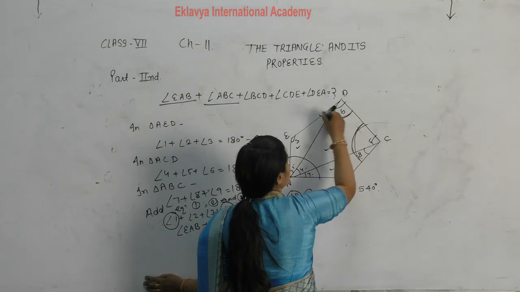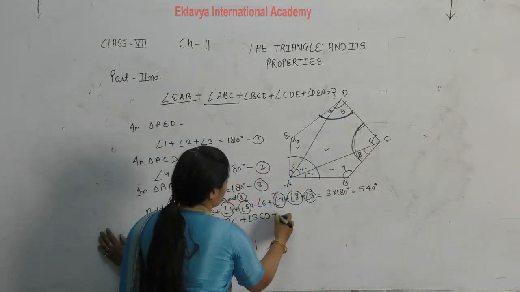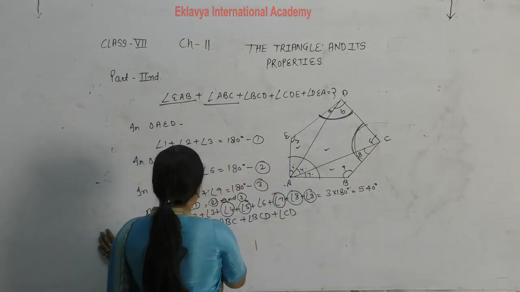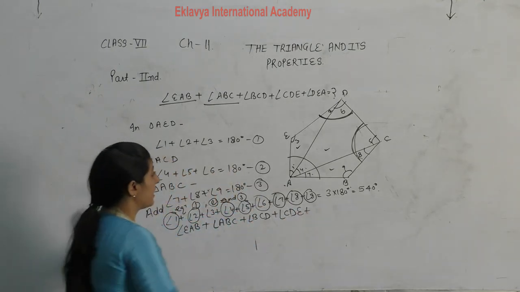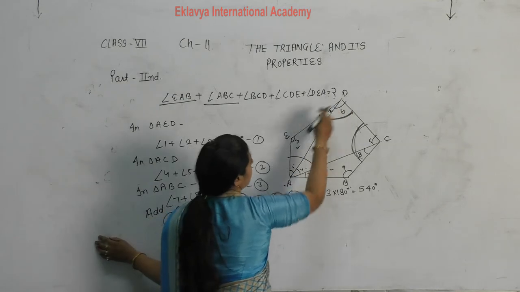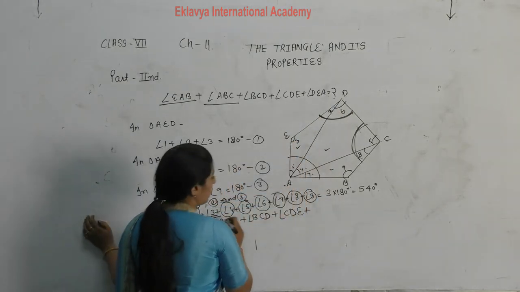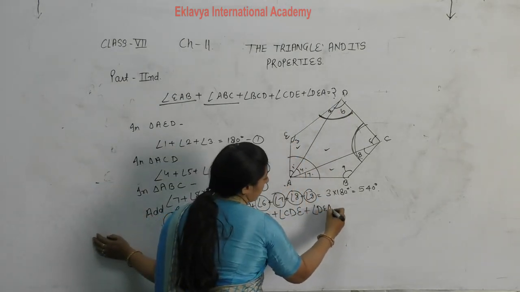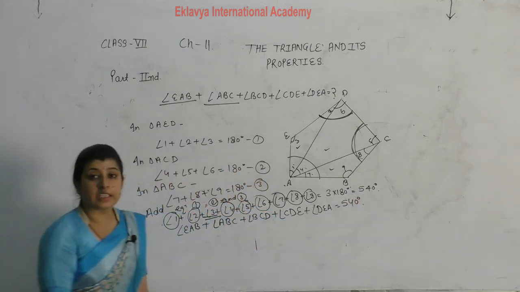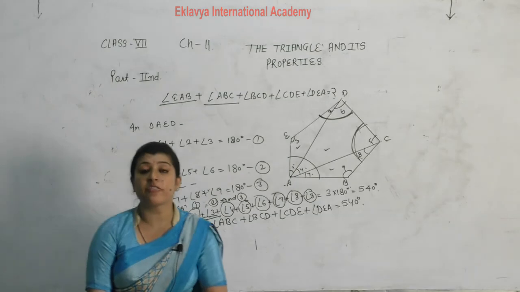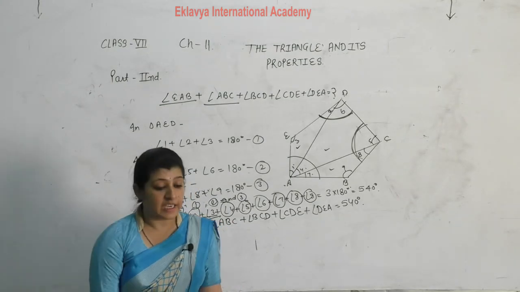CDE becomes 2 plus 6. Angle 3 is DEA, only angle 3 remaining. The sum is equal to 540 degrees. So this time we used the concept of the angle sum property of a triangle.